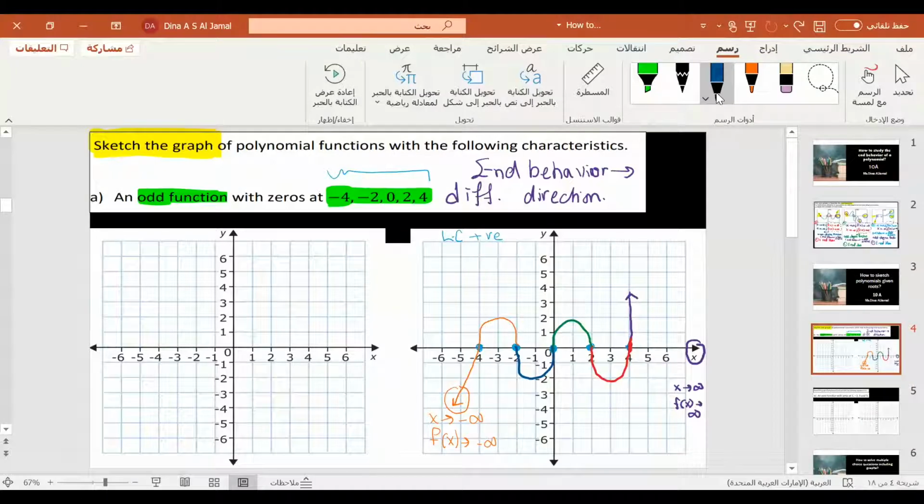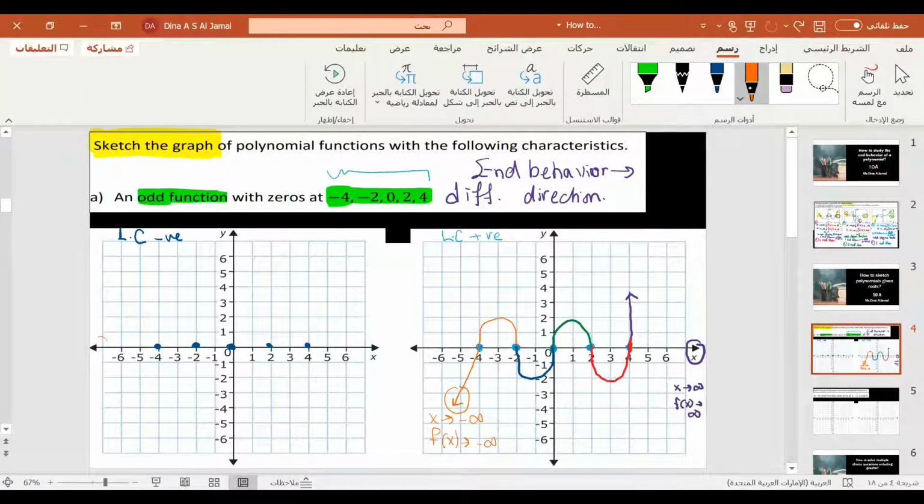That means it is an odd function. Now, what if your leading coefficient was negative? Again, you will put your points -4, -2, 0, 2, and 4, and you will use them to sketch. But this time, you will not start from here.